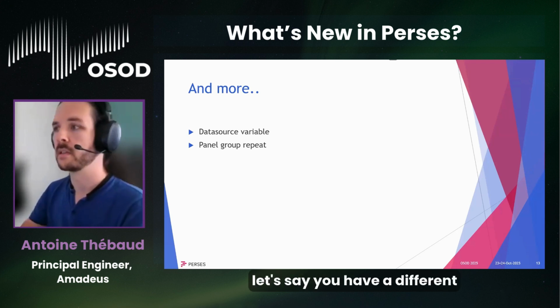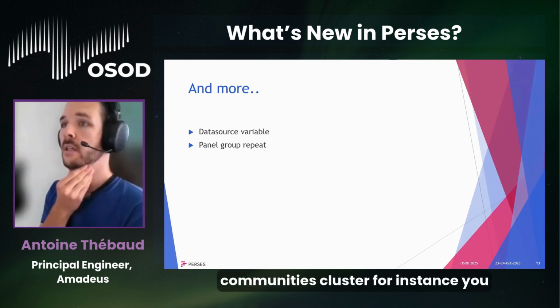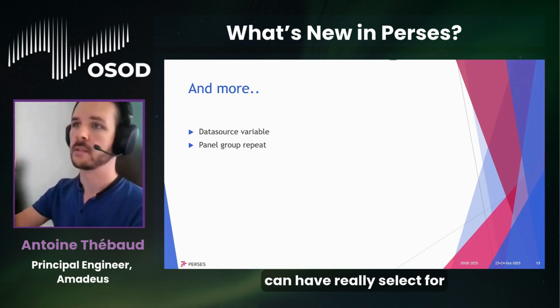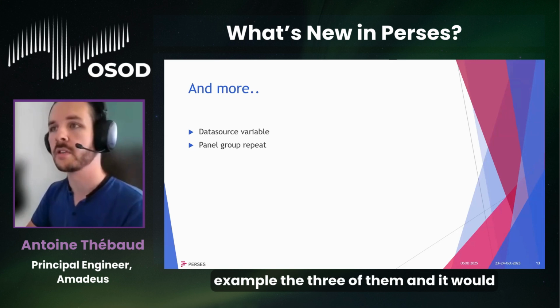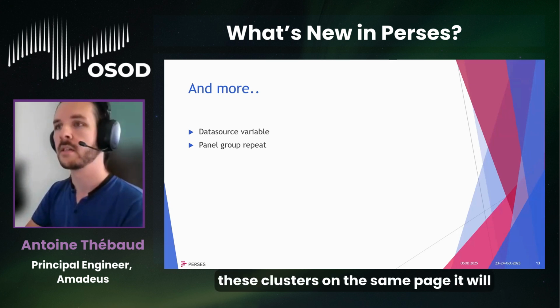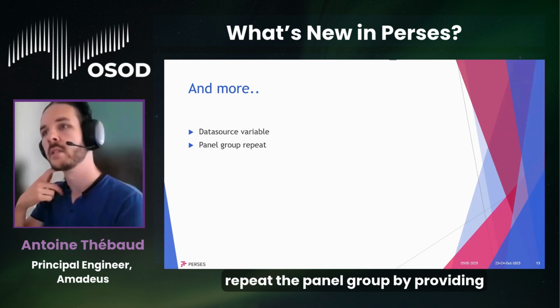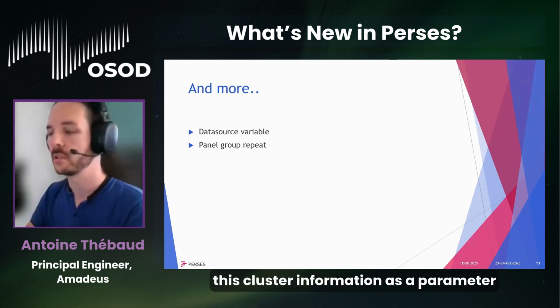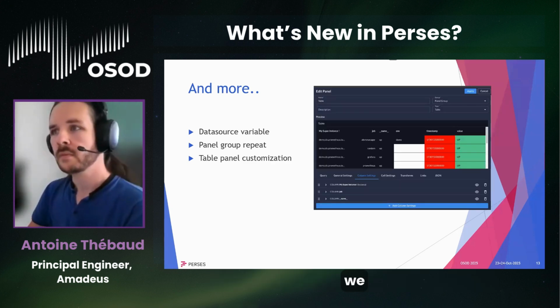So if, let's say, you have different Kubernetes clusters, you can select, for example, three of them, and it would display the data for all of these clusters on the same page. It will repeat the panel group by providing this cluster information as a parameter.